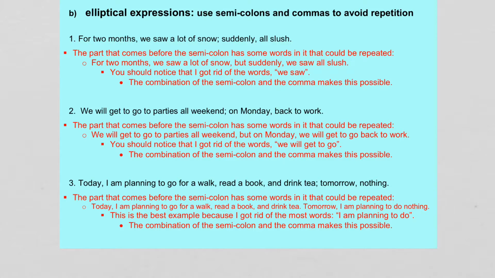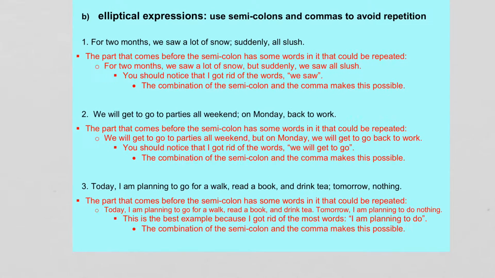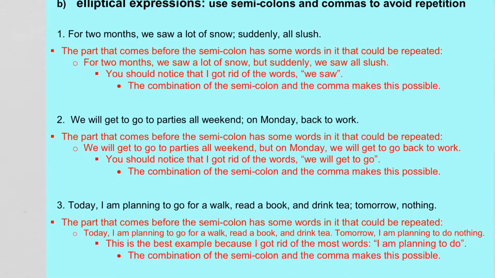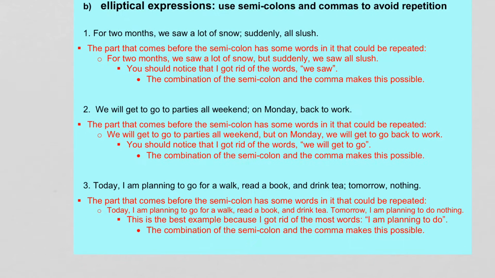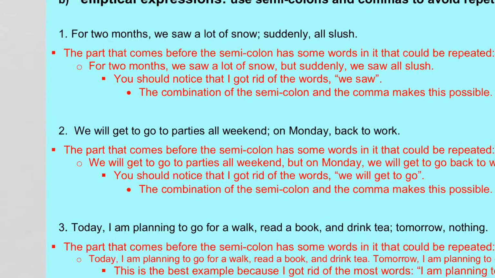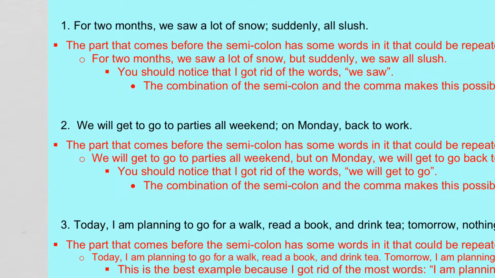Right? This is pretty fancy stuff, but bear with me here. I'll do my best to explain it. We'll do one example at a time. Example 1. For 2 months, we saw a lot of snow. Suddenly, all slush. Let me read it again, and I'll say the punctuation out loud.